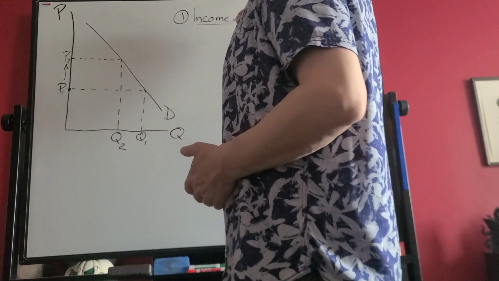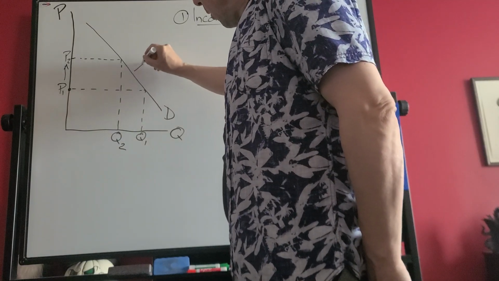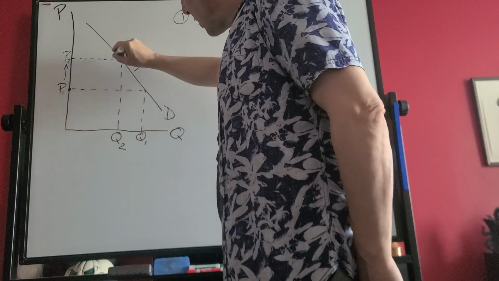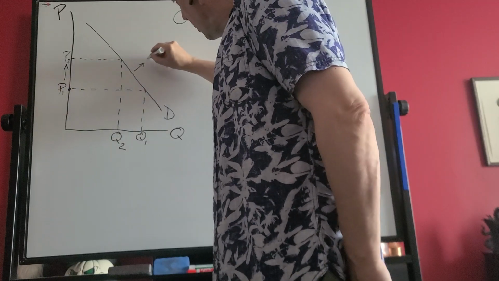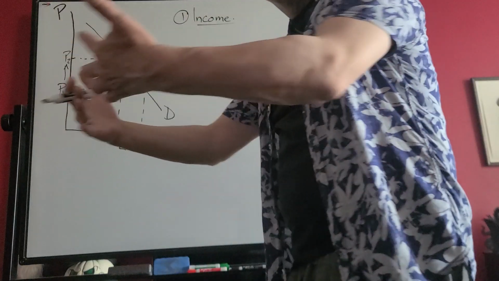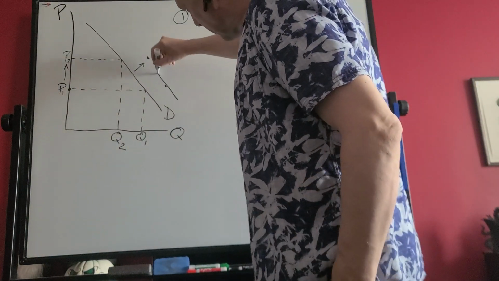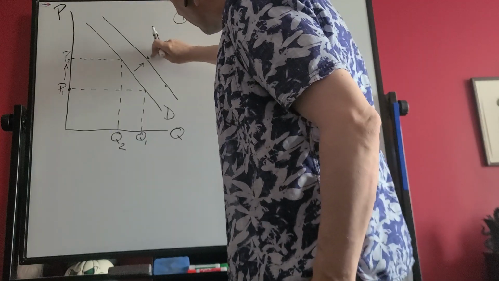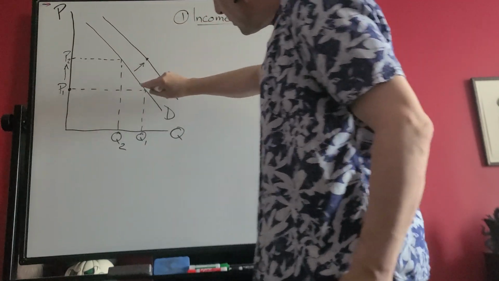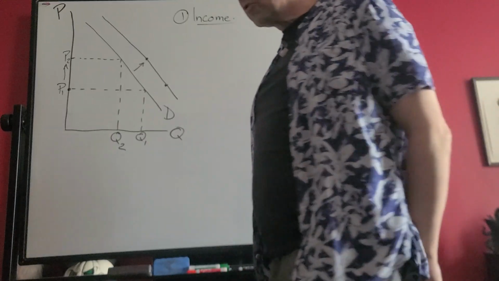At all prices, as our income goes up, the quantity demanded is going to change. So at price 2, the quantity changes. At price 1, the quantity changes just because we have more flexibility. We have more ability to pay. And so our demand curve is going to shift outward. Our demand is going up.